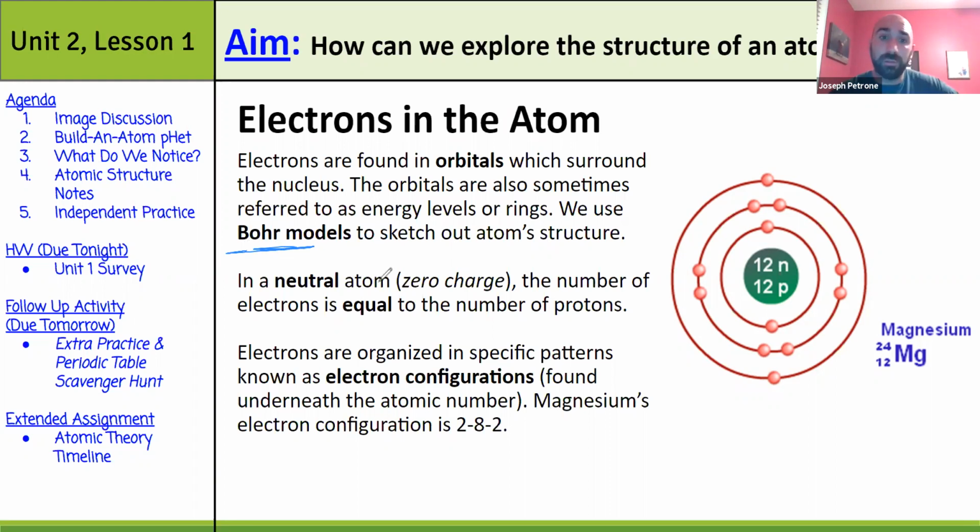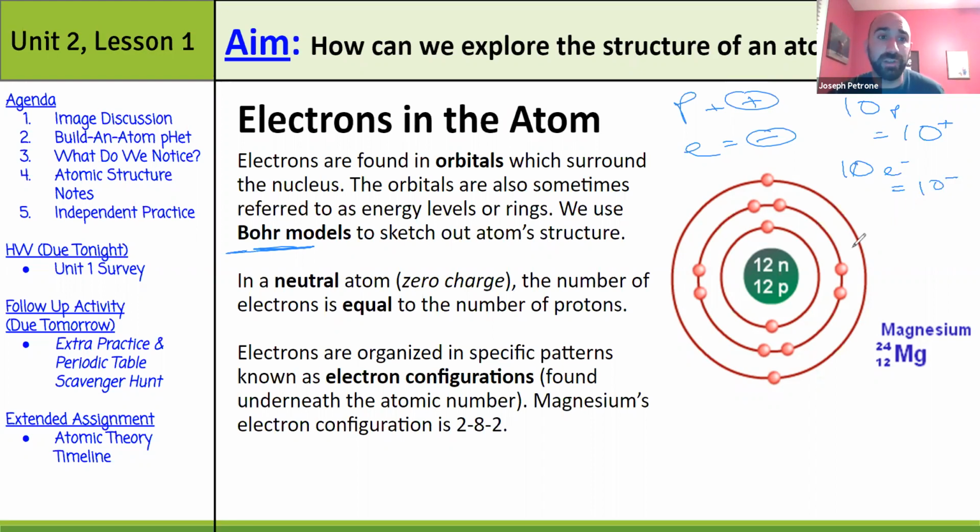Now, in a neutral atom, so one that has zero charge, the number of electrons is equal to the number of protons. Because once again, we know a proton is a positively charged particle, where electrons are negatively charged. So if I have 10 protons, I have 10 positive charges. And if I have 10 electrons, I have 10 negative charges.